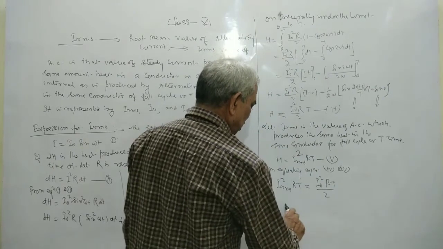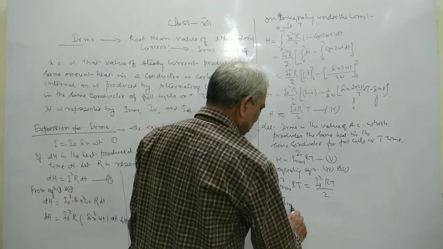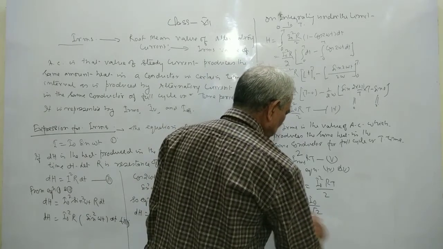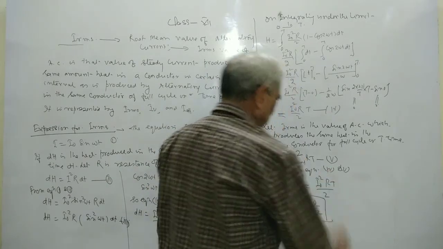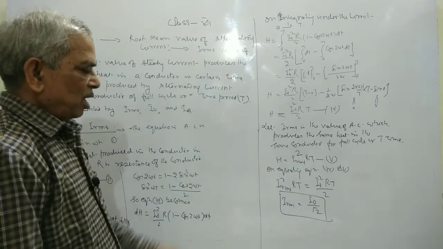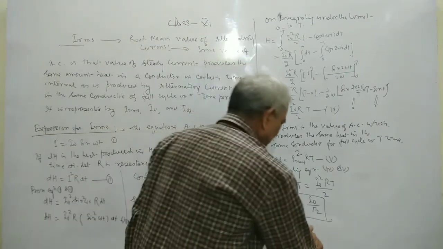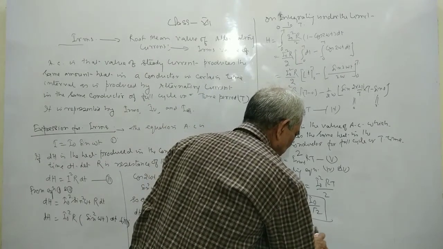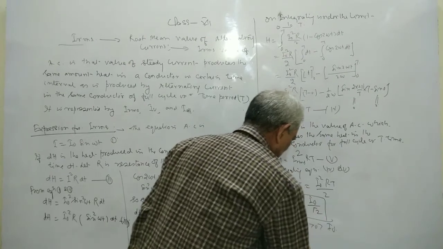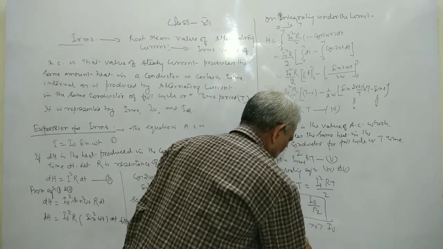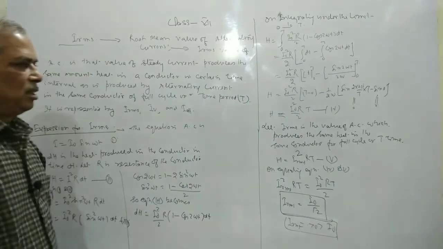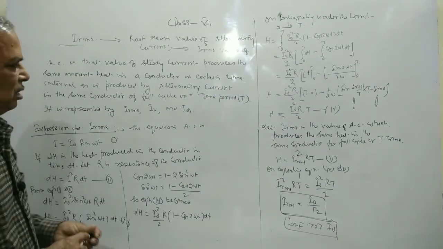RT cancels, then IRMS equals I naught upon root 2. This is the RMS value of current, or we can write it as 0.707 of I naught. This is all about the expression.